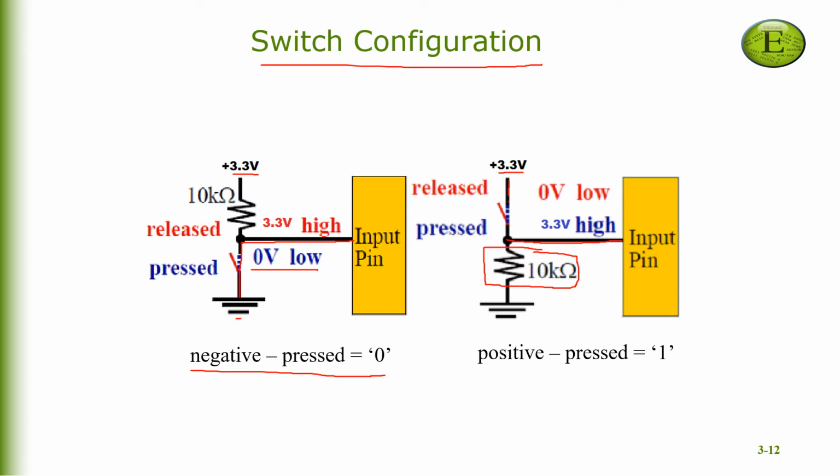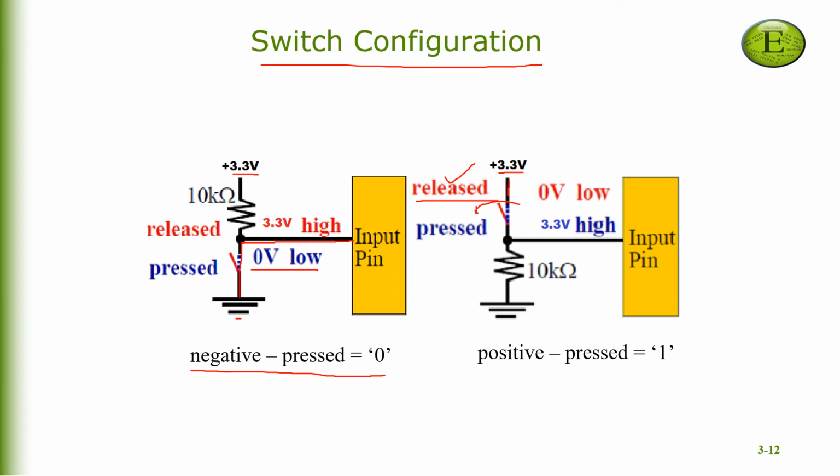So if the switch is released, not pressed, the pin voltage will read 0 because there is no current going through the resistance. Remember, when the switch is released, the current through the resistance is essentially 0. There is no voltage drop, therefore the resistance is essentially short-circuited. The switch is not pressed, therefore the switch is released.